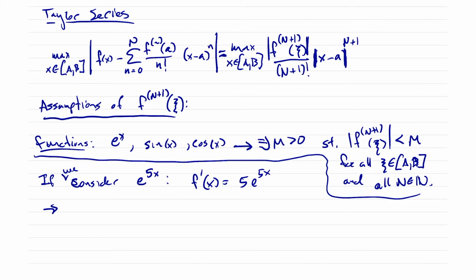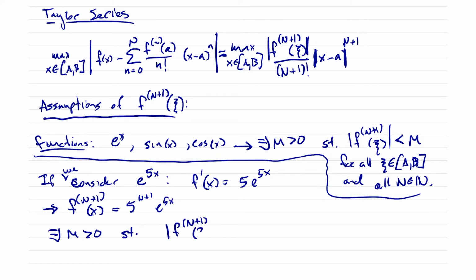And if I continue, then I see that we're going to have the (n plus 1)th derivative of f at x equal to 5 to the n plus 1 times e to the 5x. And so here, there's not going to be something that's uniform for all n, and so that's maybe a little bit of a problem. But what we do see is that there exists an M bigger than 0 such that the (n plus 1)th derivative of f at c is less than M to the n plus 1. Right?